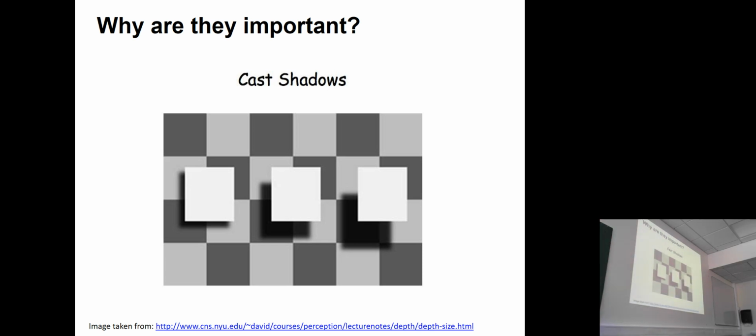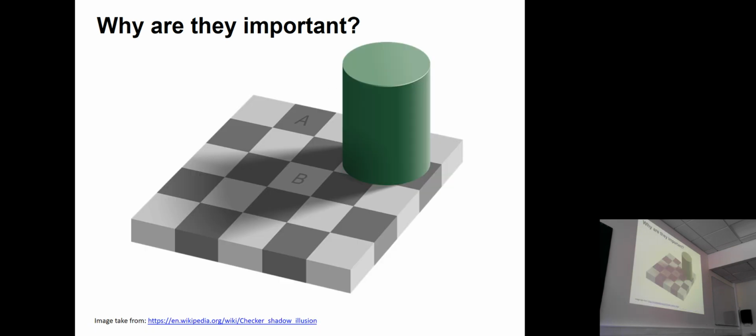Yeah, and I think you are all familiar with this one, are you? So, who doesn't believe that the color of the A square and the color of the B square is the same? It's exactly the same color.